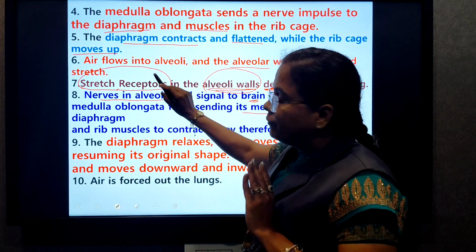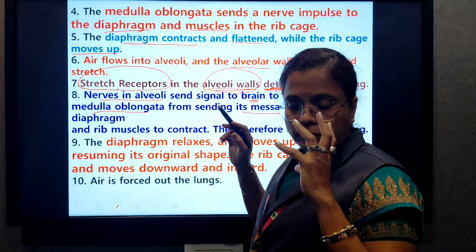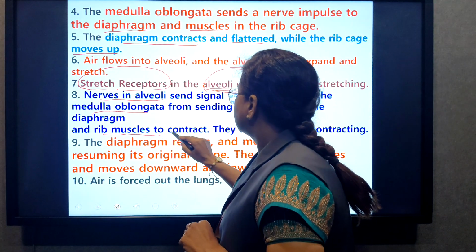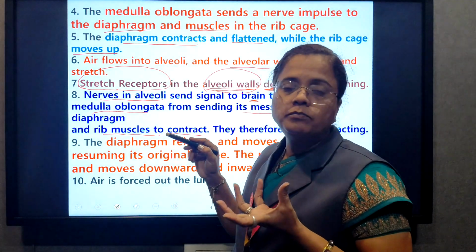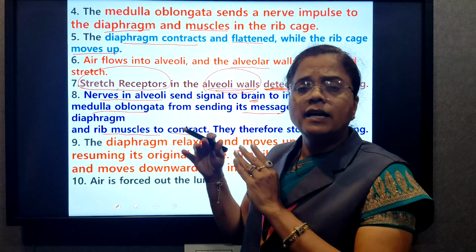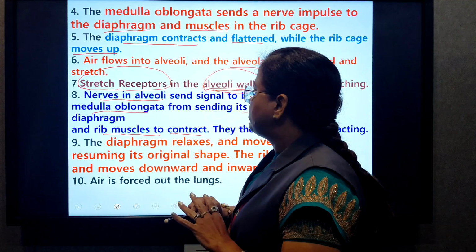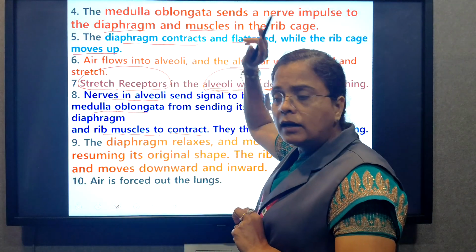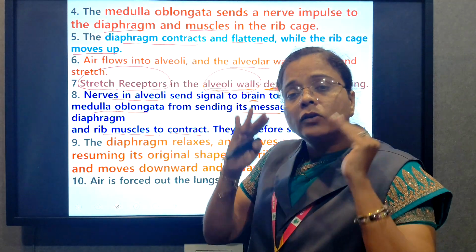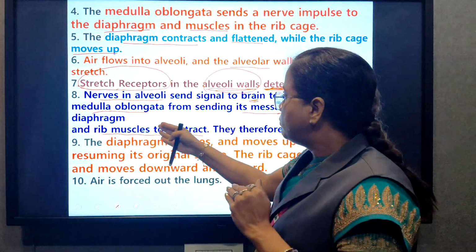So due to the stretch receptors, the medulla oblongata's breathing center detects the breathing rate, how much contraction takes place in the diaphragm, rib cage and intercostal muscles. It is detected by the stretch receptors, which give a signal to the medulla oblongata, and the medulla oblongata inhibits the contraction mechanism of the diaphragm.